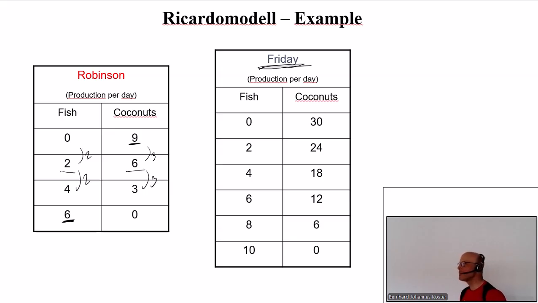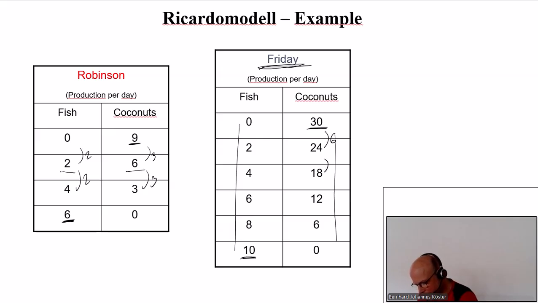And so his possibilities are that he can at maximum pick 30 coconuts and 10 fishes. And also just linearly, you see we go down by 6 and we go up by 2. So also this linear dependence.